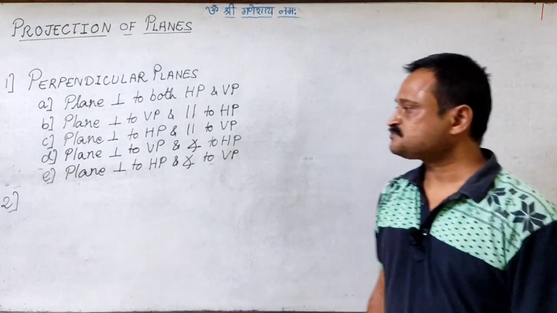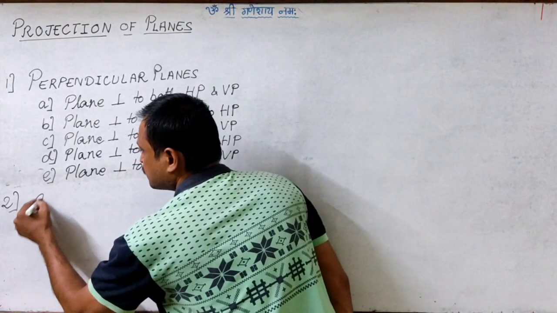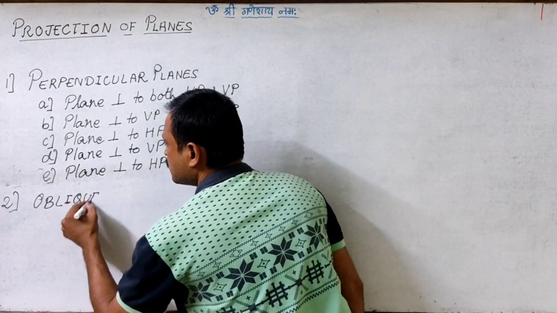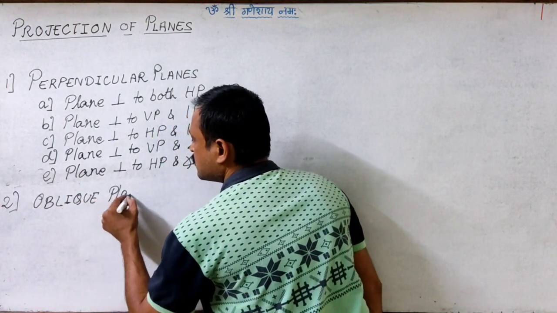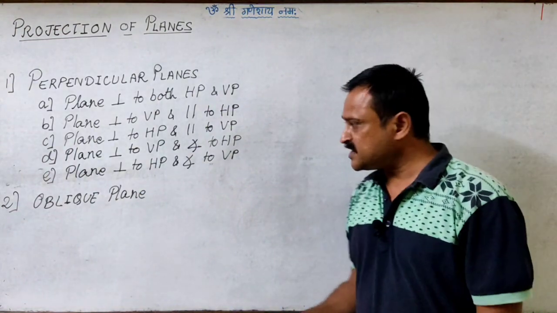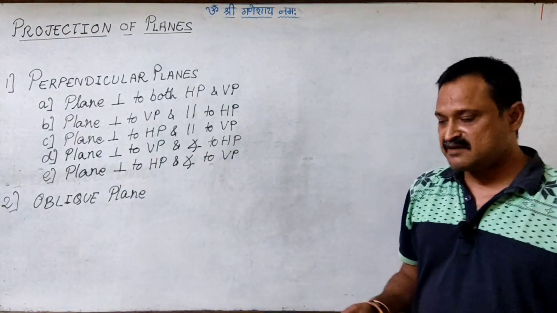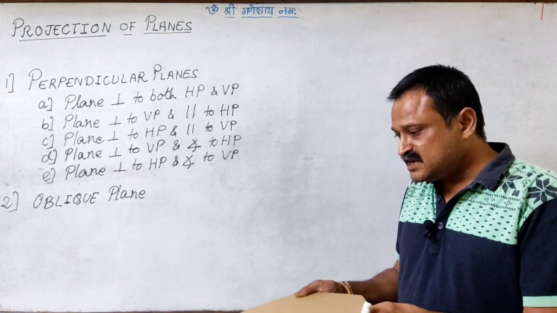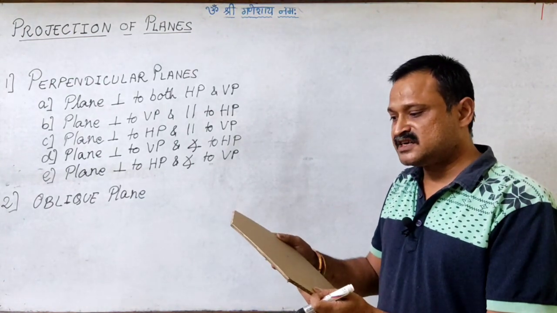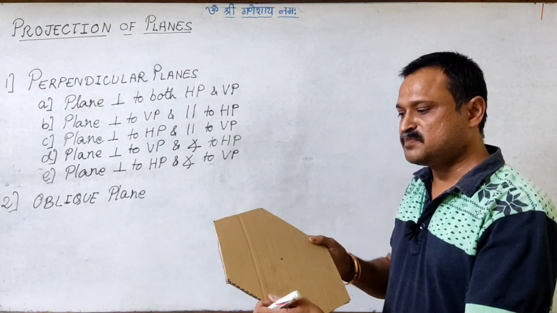And the basic categorization here can be what I have written earlier, the oblique planes. So what are oblique planes? It is quite obvious from the name we have given, where the plane is inclined to HP, right, as well as it is inclined to VP, right?